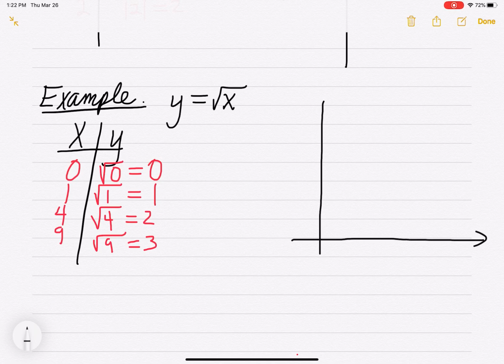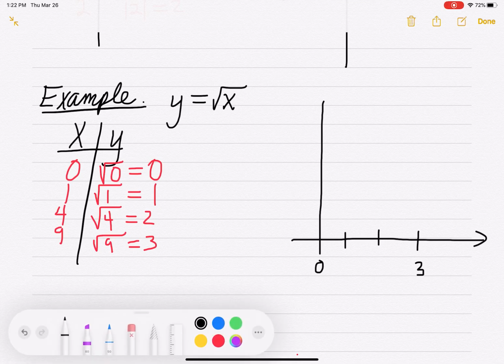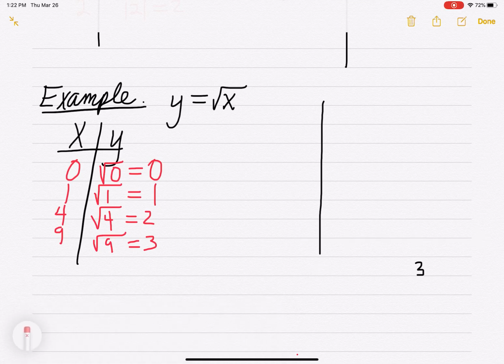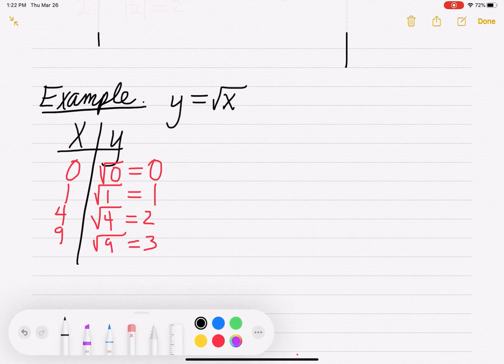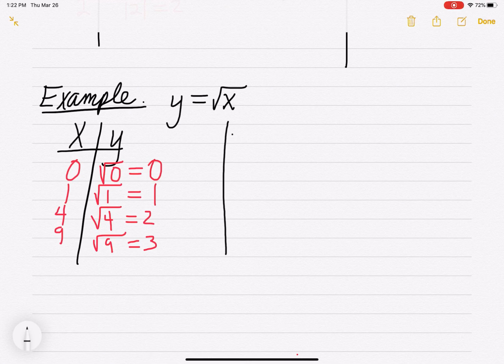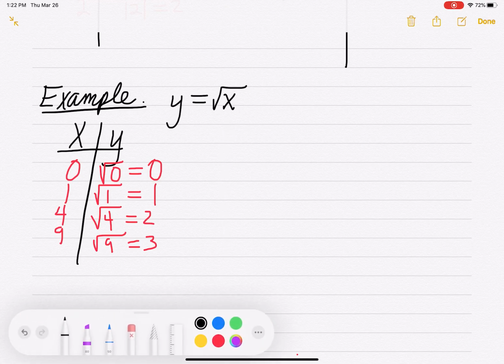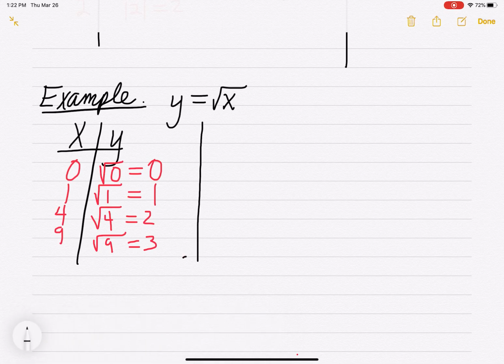So if you look at your x's, they start at 0 and go up to 1, 2, 3 here. No, I'm sorry, those are the y's. Let me erase this. The x's go from 0 to 9. So I'm going to start back here. Here's my y-axis.